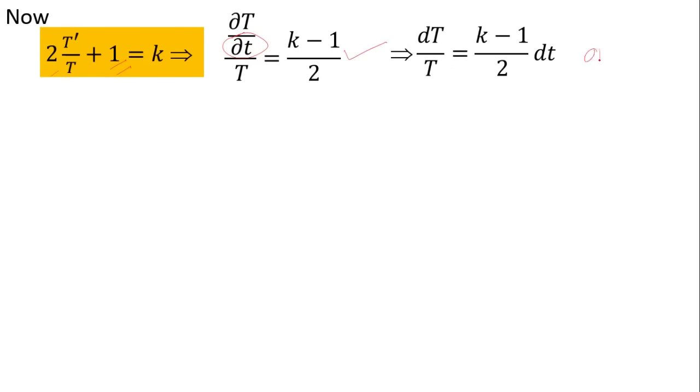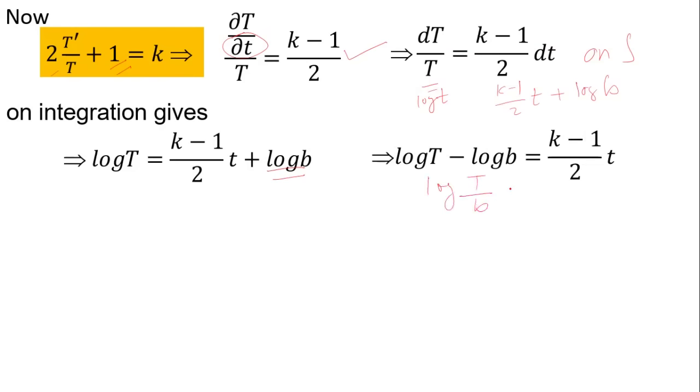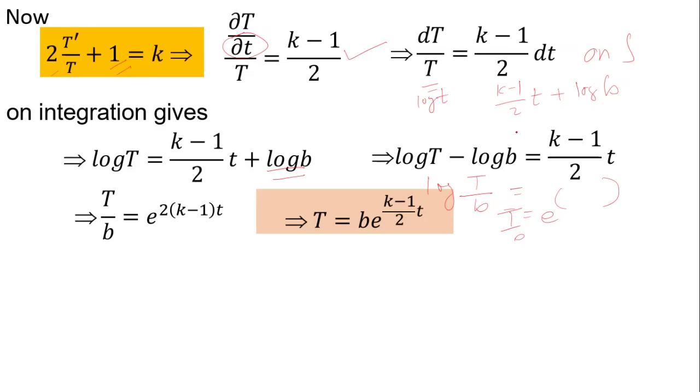Now on integrating, the integration of this will be log t, and the integration of this will be k minus 1 by 2 into t plus log b, the constant of integration. Now take this log b to the left hand side, so log T minus log b, which is log of capital T by b, is equal to this. Therefore t by b is equal to e to the power this whole thing. Here there was a small mistake, this k minus 1 by 2 upon 2 should be there.